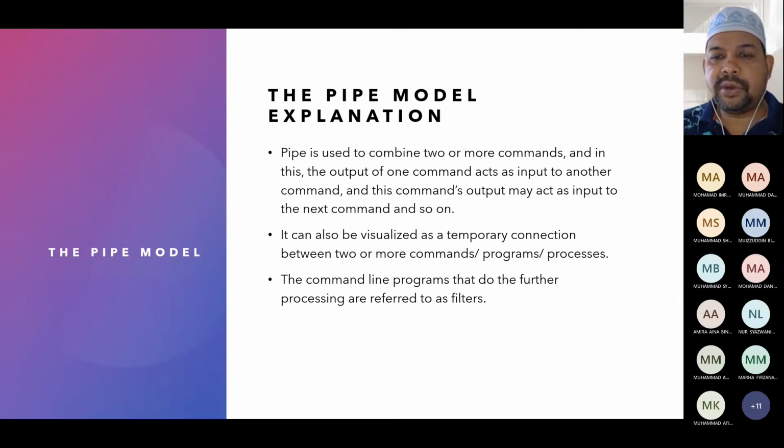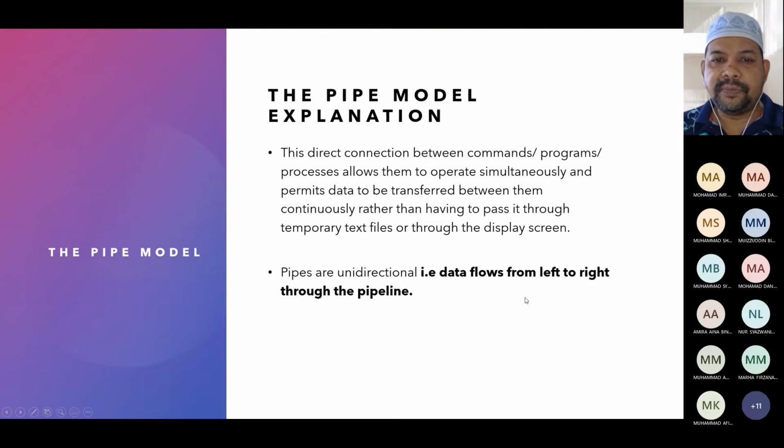To combine two or more commands, and in this the output of one command acts as input to another command, and this command's output may act as input to the next command, and so on.